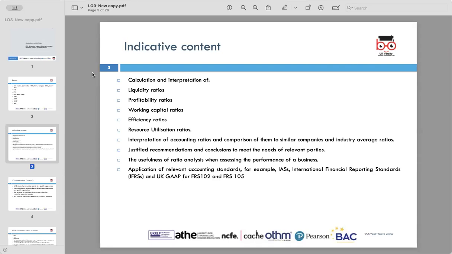Justified recommendations and conclusions to meet the needs of relevant parties. The usefulness of ratio analysis when assessing the performance of a business. Application of relevant accounting standards, for example, IAS, International Financial Reporting Standards, and GAAP, for FRS 102 and 105.